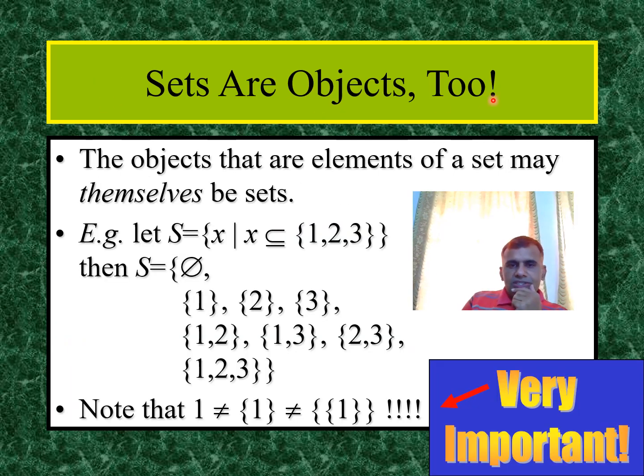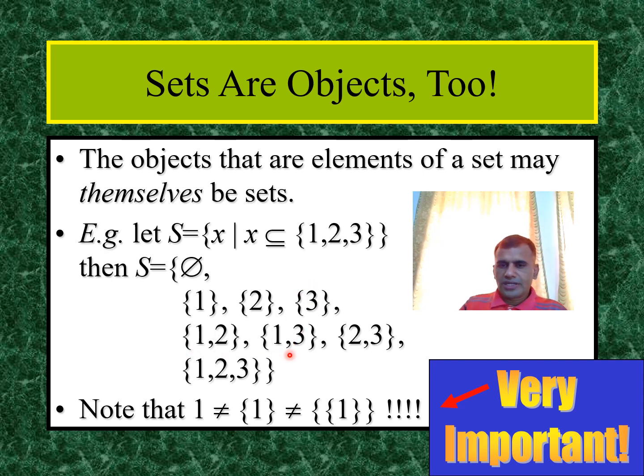Sets are objects too. The objects that are elements of a set may themselves be sets. Let us understand this by example. Let us take one set S, the set of X, where X is a subset of {1, 2, 3}. This X is itself a set. This may be the null set, this may be the set containing 1, the set containing 2, the set containing 3, like this.